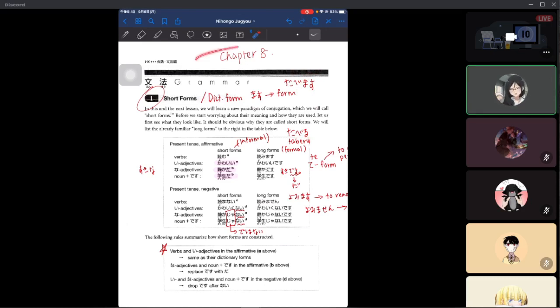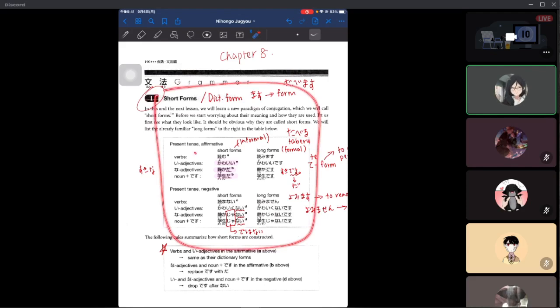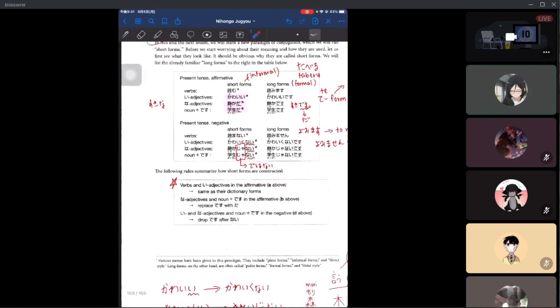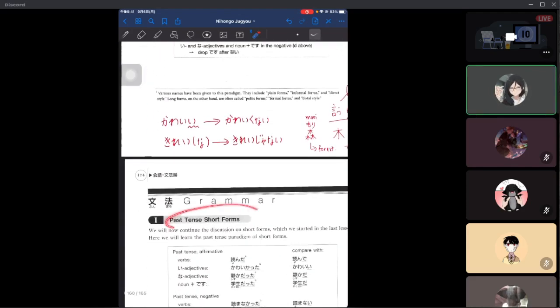So this one we have already covered. For those who may not really know this short form, don't worry, because in the beginner's class we will cover this again. Or if you want a quick revision, as usual, you can just check the YouTube channel, the Nihon Culture channel. So this one I will not be teaching today, but instead I'll be continuing with the next grammar, which is past tense.